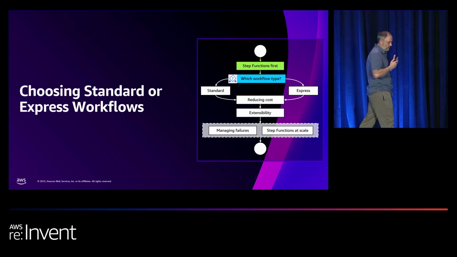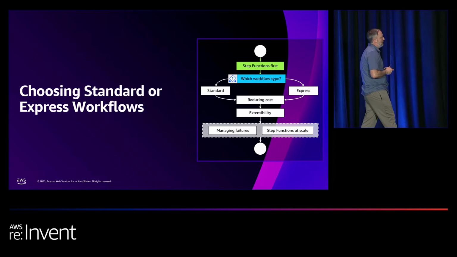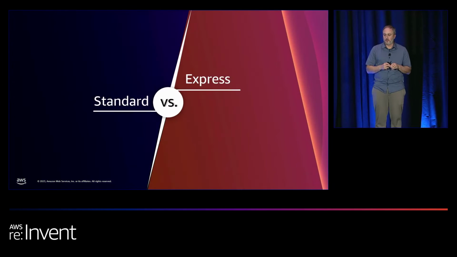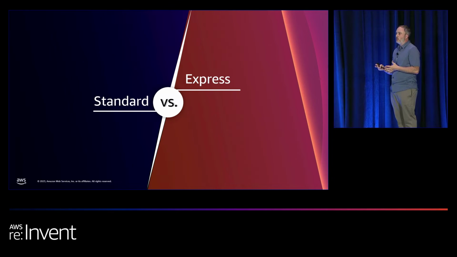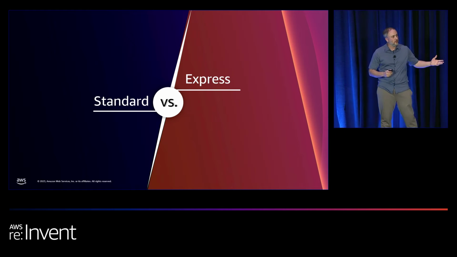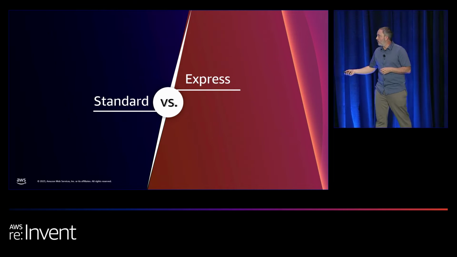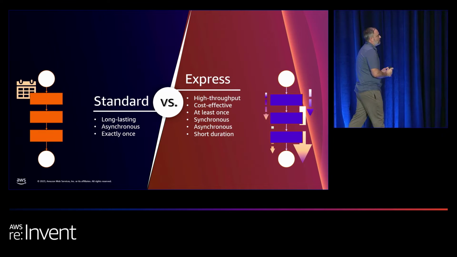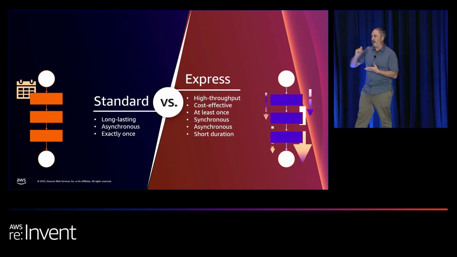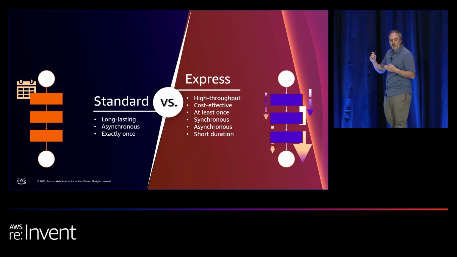And I want to explain why we chose that mode next. So when you build with Step Functions, there's two modes that you can choose to run your workflow as. You can run it as an Express workflow or as a Standard workflow. And it's really important, I think, if you're going to use Step Functions to understand the difference and how the two modes are built.